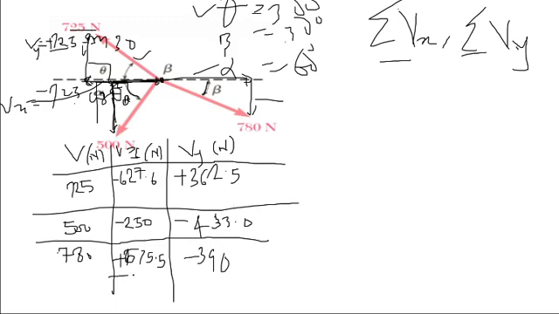So let us find the sum of our x and the sum of our y. Let us add them together. So this is minus 627.6 minus 250 plus 675.5.